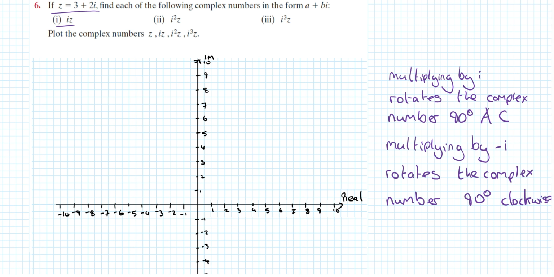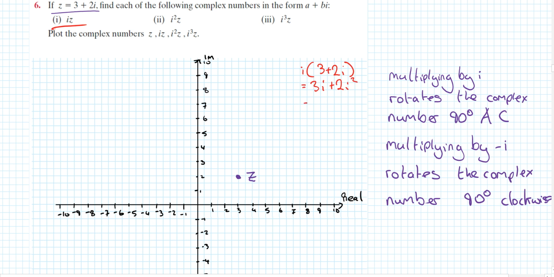So if I had z here, which is 3 plus 2i, 3 plus 2i is here. That's z. If I were to multiply this by i, so i times 3 plus 2i would give me 3i plus 2i squared. But what do I know about i squared?